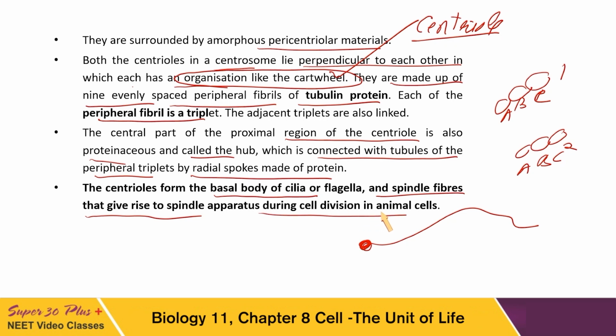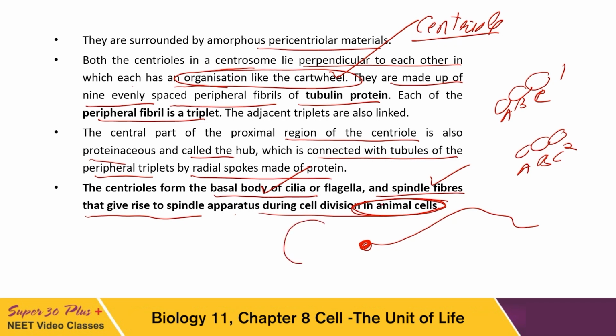In the case of animal cells, the centriole is found only in animal cells. Some of the lower plant cells which are motile also have centrioles, but in a typical plant cell, the centriole is absent. The centriole forms basal bodies and spindle fibers, from which the spindle apparatus forms during cell division, which is responsible for chromosomal movement.